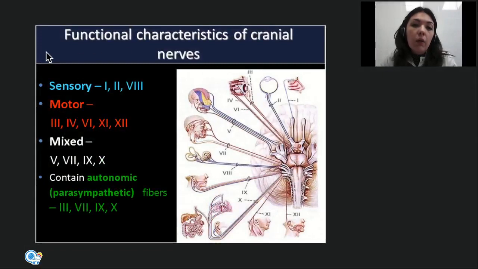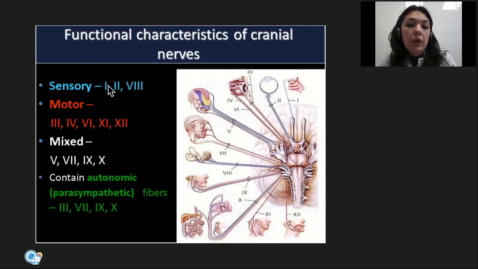So yes, what are the functional characteristics of cranial nerves? There are purely sensory, purely motor, there are mixed, which contain both sensory and motor fibers, and there are nerves which contain also autonomic fibers. So purely sensory nerves are the first, second, and eighth pairs.